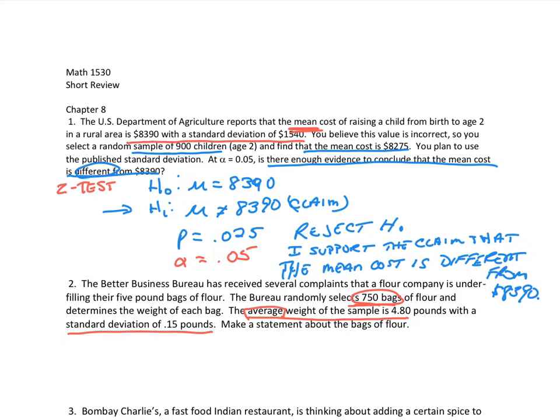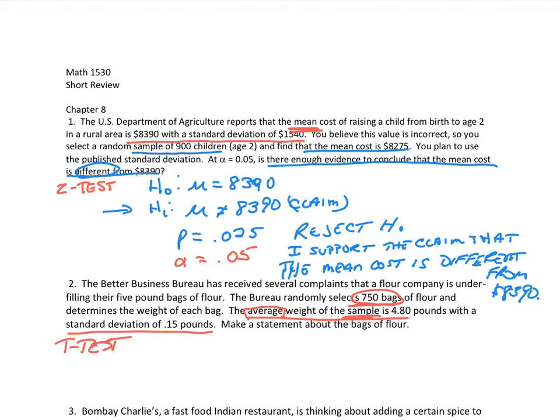But what kind of test? The average weight of the sample is 4.8 with a standard deviation of 0.15. That's going to be a t-test, because the standard deviation comes from my sample.